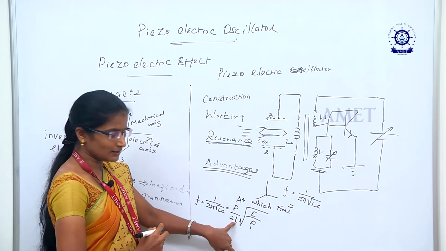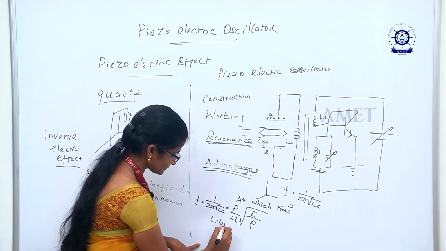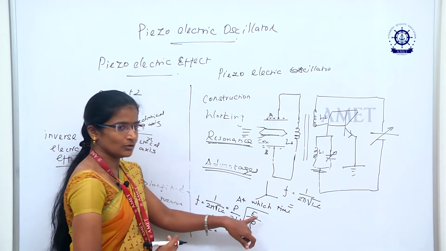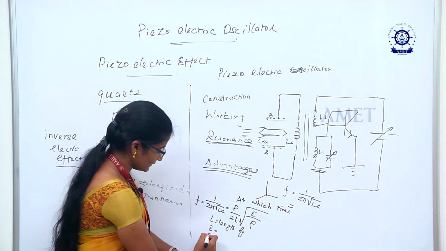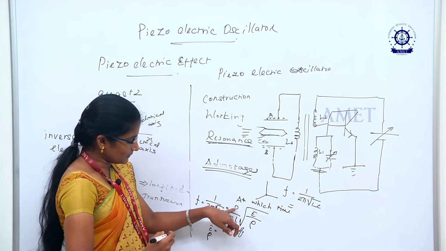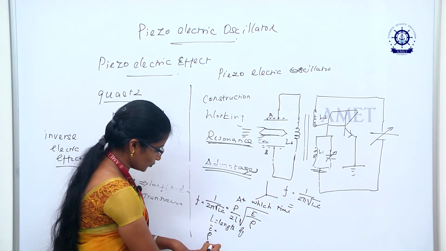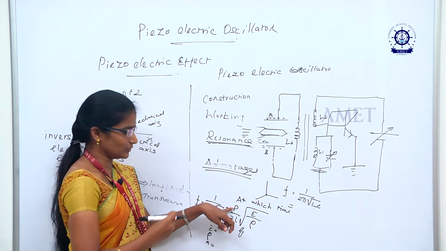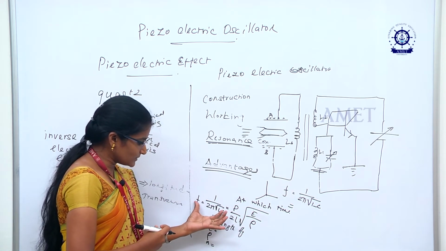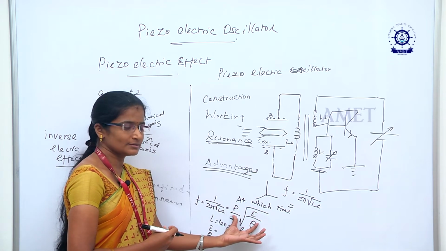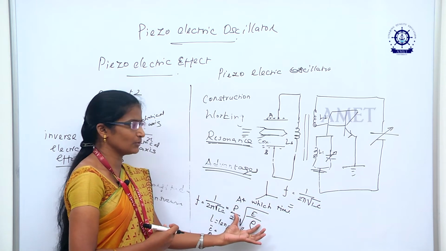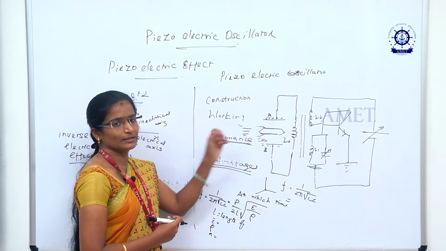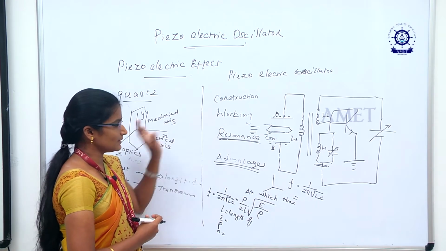Here L is the length of the crystal, E is the Young's modulus of the crystal, rho is the density of the crystal, and P is the number of modes. Number of modes means the overtones: first overtone, second overtone. At the time when this frequency is equal to the natural frequency of the crystal vibration, only then are ultrasonic waves produced by the crystal. So this is the resonance condition.